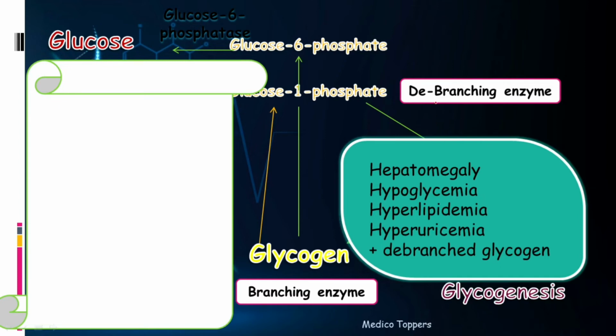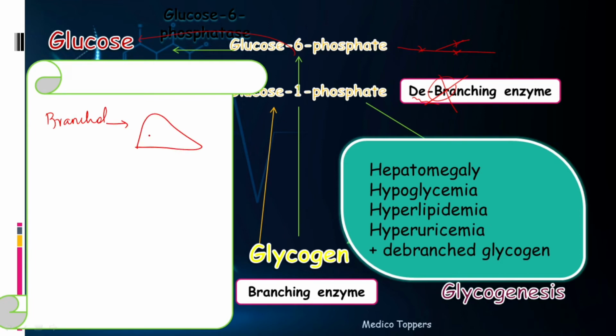Because of the lack of debranching enzyme, glycogen will be in a branched state. This enzyme is very much needed to break this glycogen into different parts, and only then will it be converted into glucose. So this branched glycogen gets deposited in the liver.